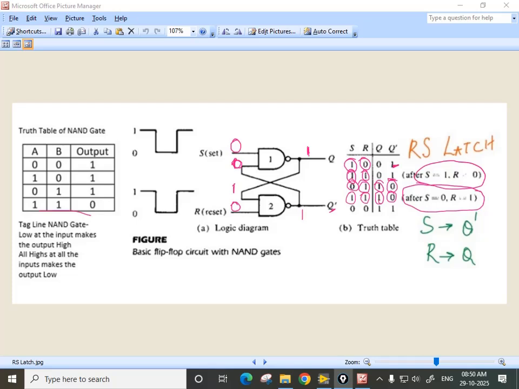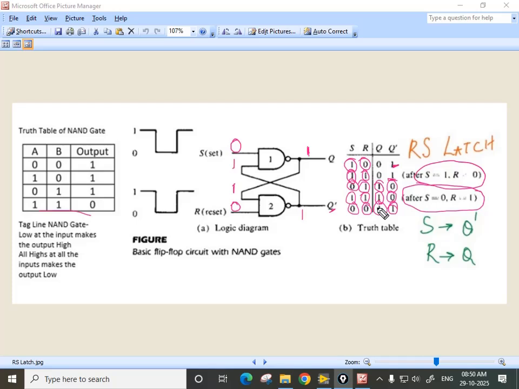So it comes out to be 1, and both zeros at the input make the output high. This condition is there because of this.